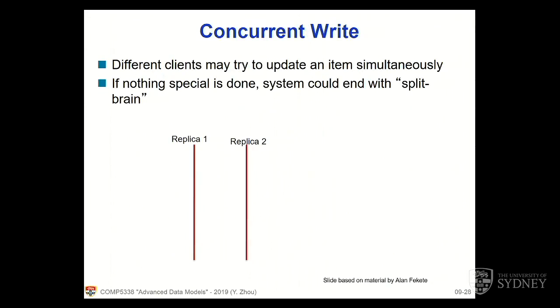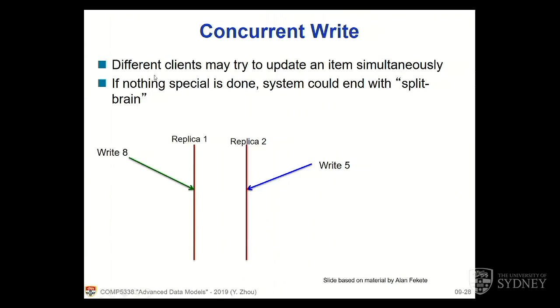Okay, let's see what this means. Assuming every replica can receive write, not only a particular node receiving write. So different clients may try to update an item simultaneously, and they might contact different replicas because they're all the same.